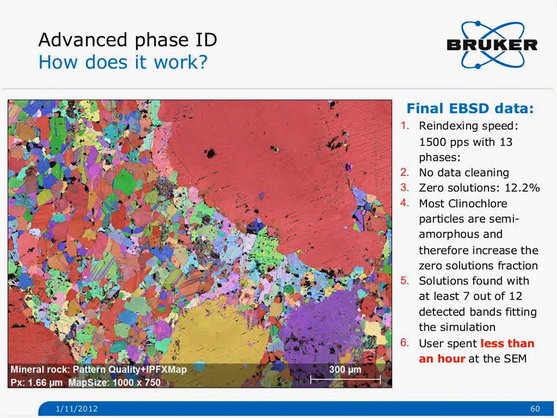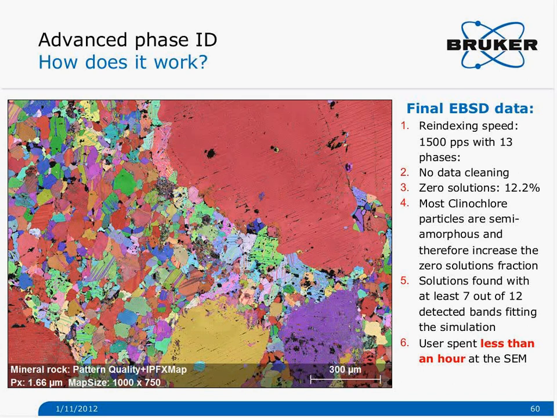For the final reindexed map, we've shown the orientation distribution along the x-axis. You can see this map was reindexed at a speed of 1500 points per second, which is in fact within 8 minutes. So this last map was indexed in 8 minutes. Once again, what we're showing are the raw data.